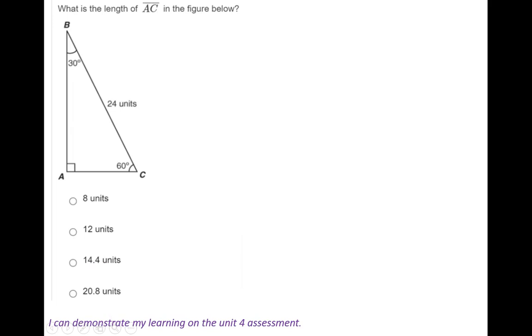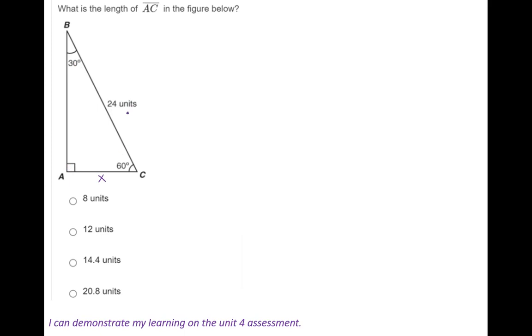What is the length of AC in the figure below? So this one, I can mark it AC, I'm going to call it X. I could set up a trig function using either the 30 degrees or the 60 degrees and solve to find X. But if you happen to recognize this is a 30, 60, 90 triangle, that would be our 3 bears.